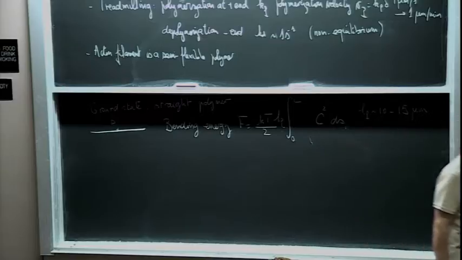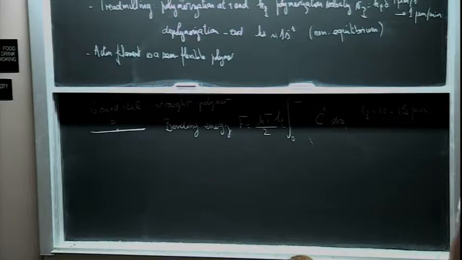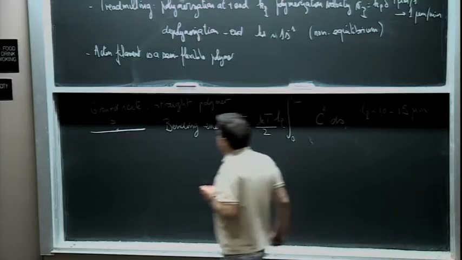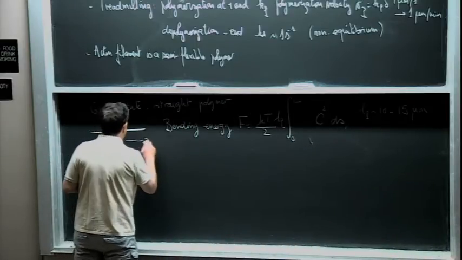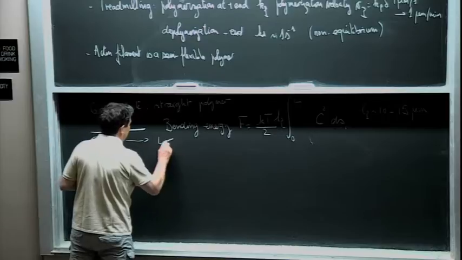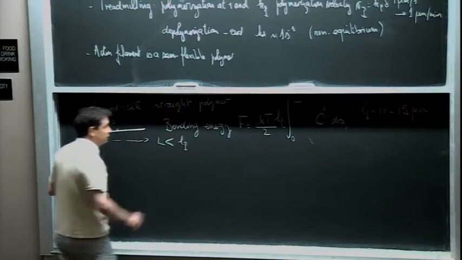Now a difference maybe with what you've heard on polymers like DNA is that in a cell, the actin filaments are short, they are a few microns long. So the length of the filament in general is small compared to the persistence length. So L, which is the length here, is smaller than LP.